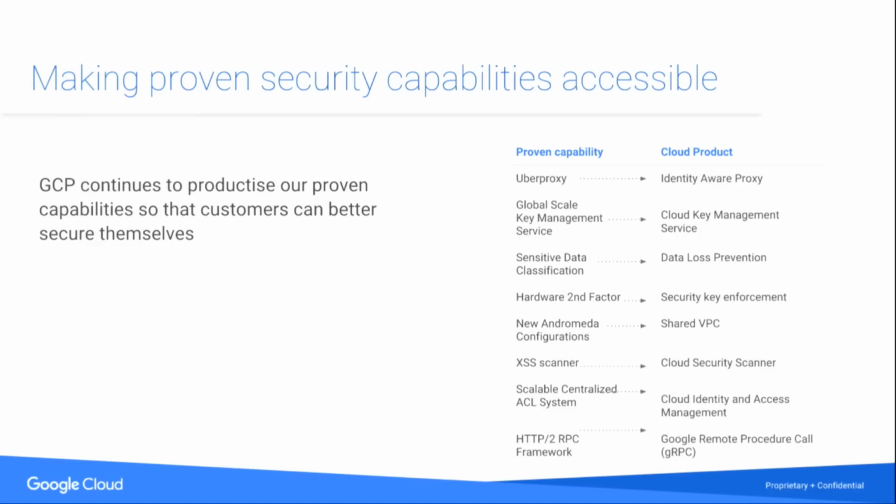For example, the Identity-Aware Proxy, which we launched very recently and I'll talk a bit more about, as well as the Cloud Key Management Service, which helps you to encrypt your data in the cloud, and also data loss prevention, which allows you to classify sensitive data that you store in our systems.